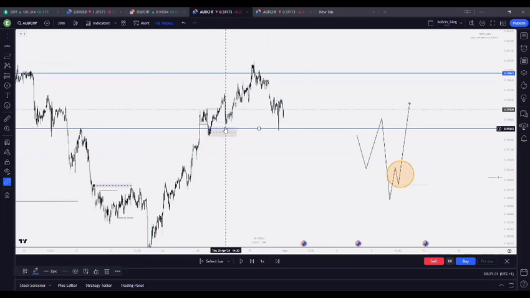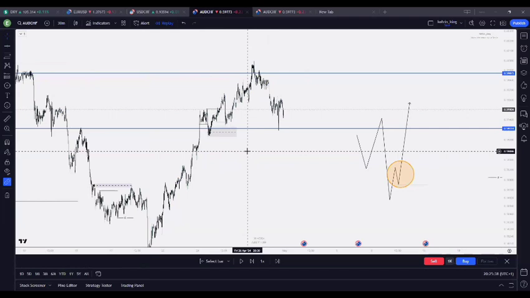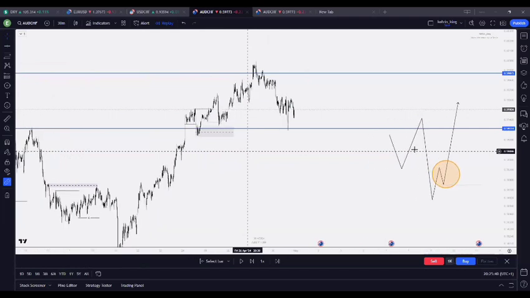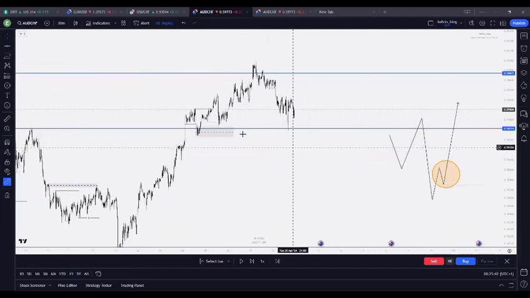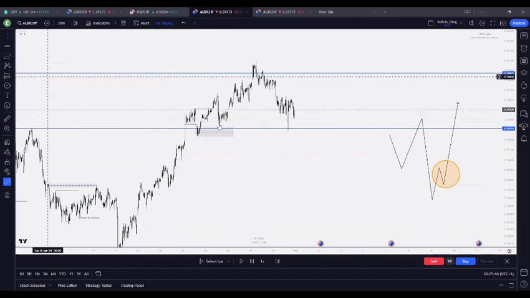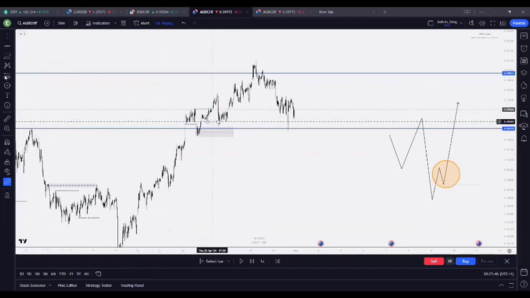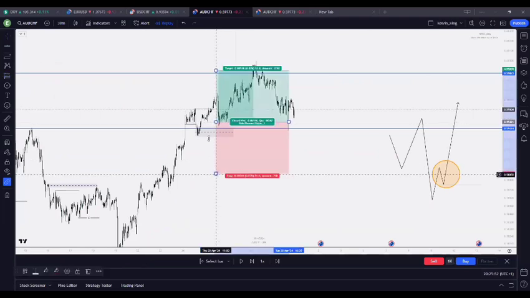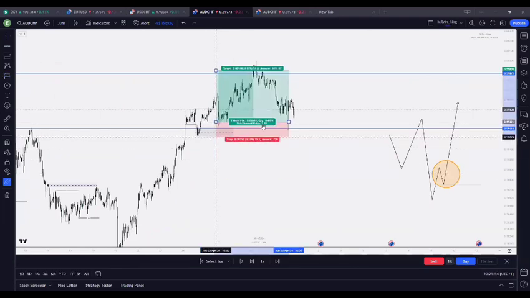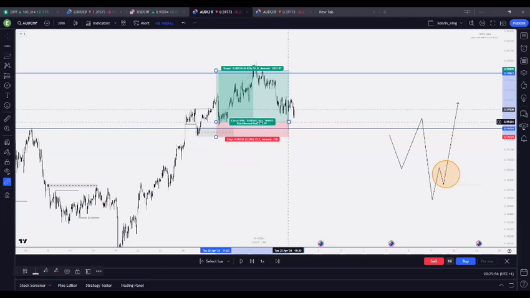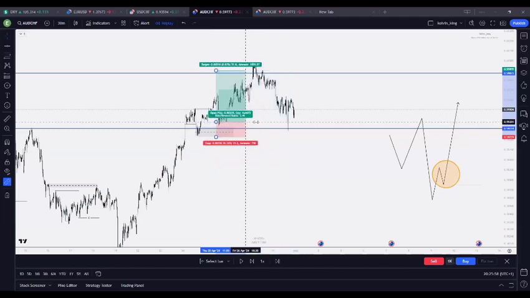So when price hits the zone, I look for the reaction, what price is doing. Now, if you see now, price has clearly presented this pattern for me. What I just have to do is, I set my entry at this liquidity zone. Then I put my stop loss just at the low. Then I target the next resistance zone.